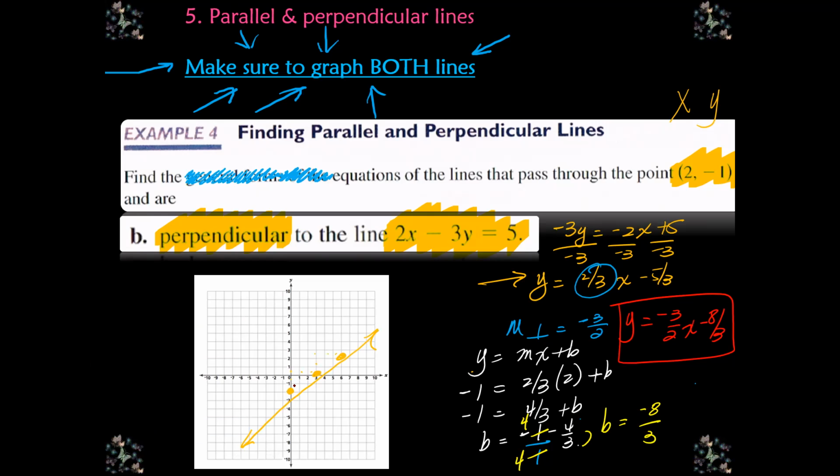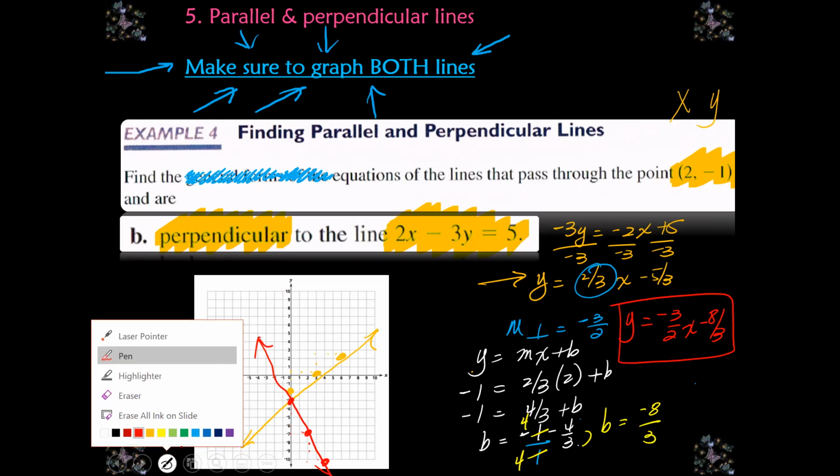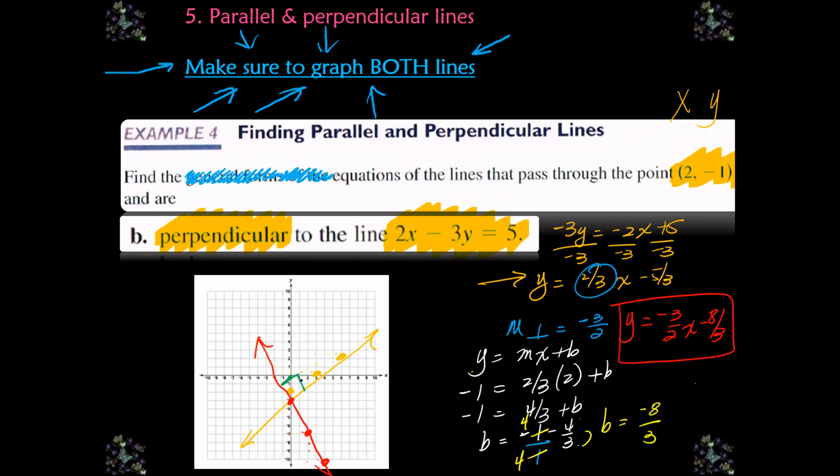Negative 8 over 3 is going to be right over here. And then I'm going to go down 3 over 2. If you take a look at the two lines right here, they create a 90-degree angle. So it is indeed perpendicular. That's one way that you can check.